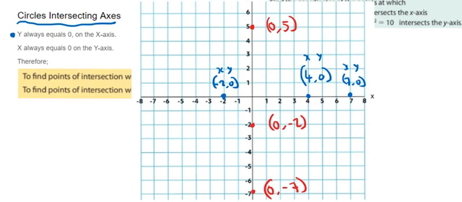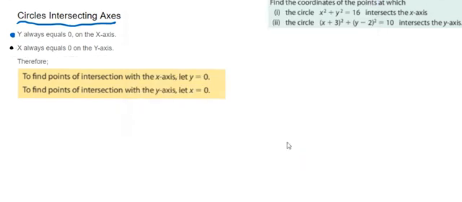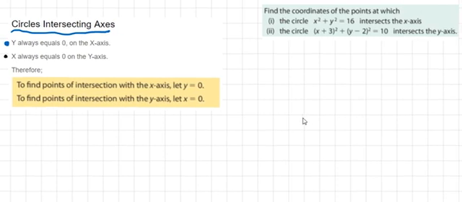You could do that for all of the points along it, but you'll see in all of them the x value is always 0. That's what we mean by the second point there, that x is always 0 on the y-axis. So for every point on the y-axis, x is always 0. Try to bear that in mind as we're looking through this.